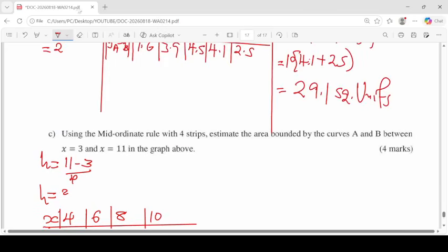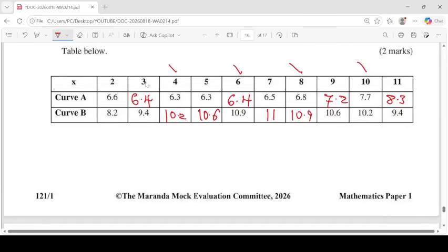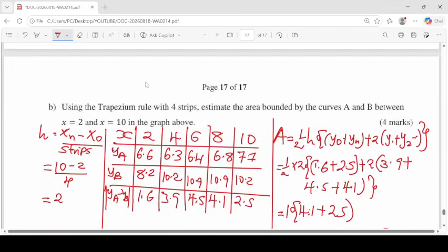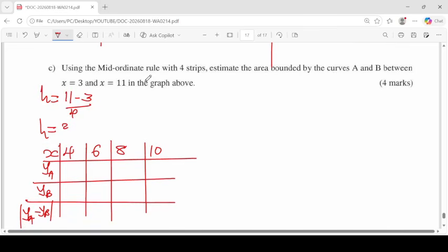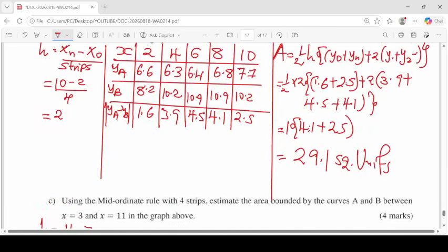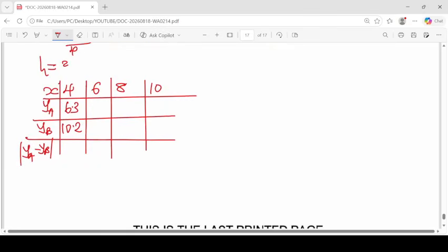So when x is 4, from the table, we have 6.3, 10.2. When x is 6, 6.4, 10.9.